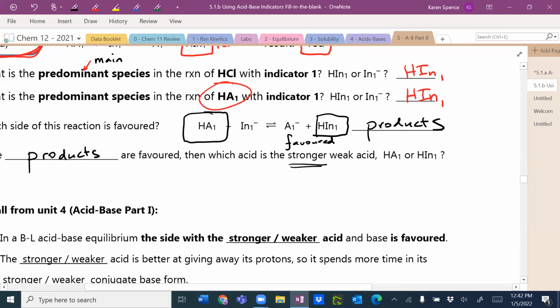If we favor the products, that means products must contain the stronger or weaker one.